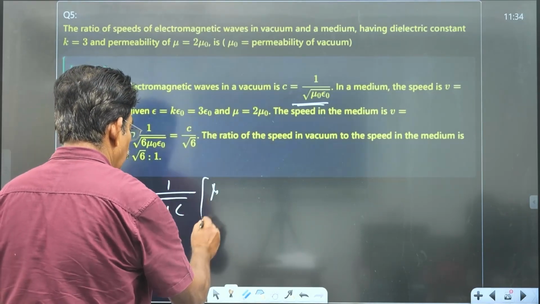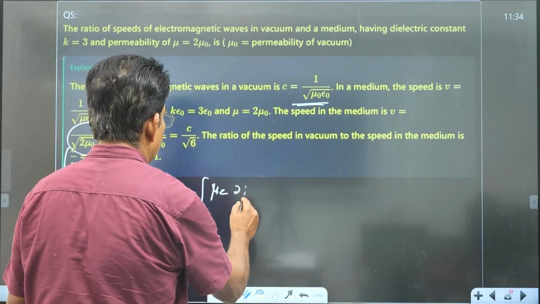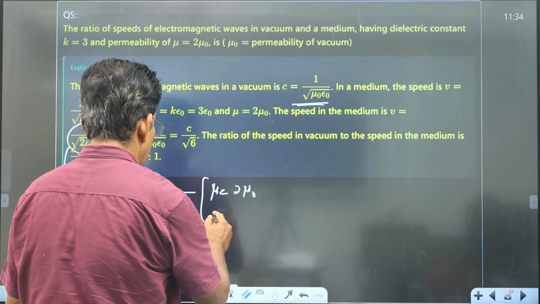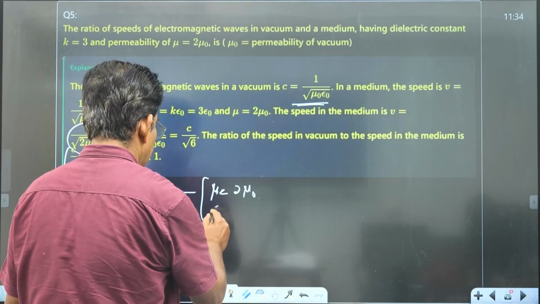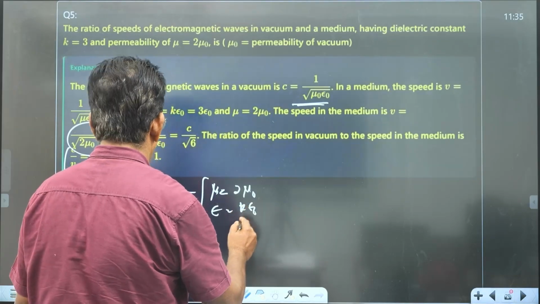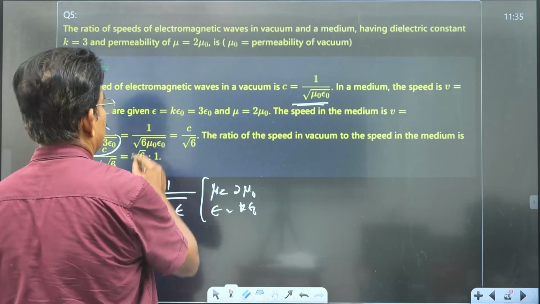Instead of mu, you can write 2 mu 0, as given. And epsilon is equal to K into epsilon 0, and K is 3.